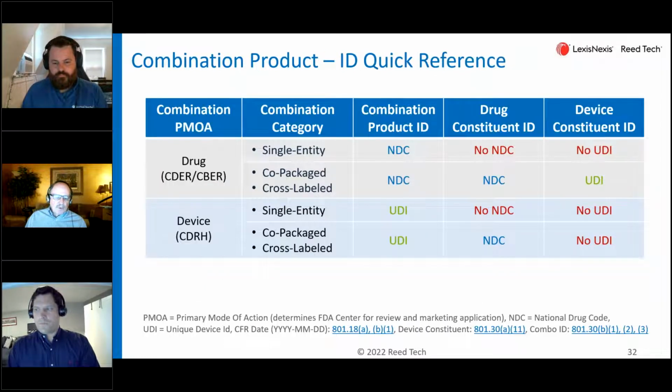We put together a little table here that summarizes that same information that we discussed in the flow chart, but this particular table might be a little bit easier for quick reference. But where you see the red answers, you'll find that there's no identification requirement for a couple of these scenarios.